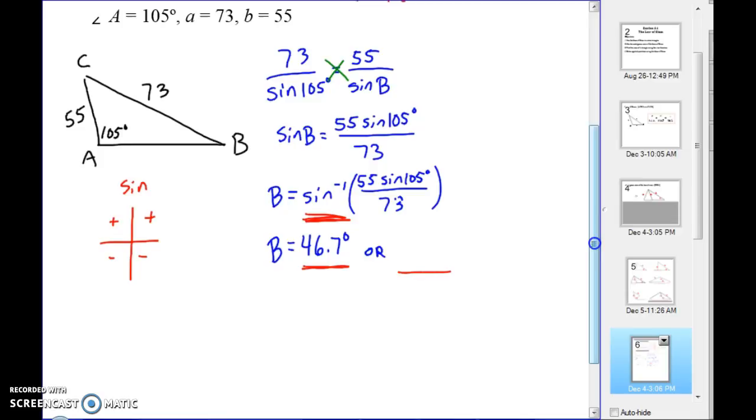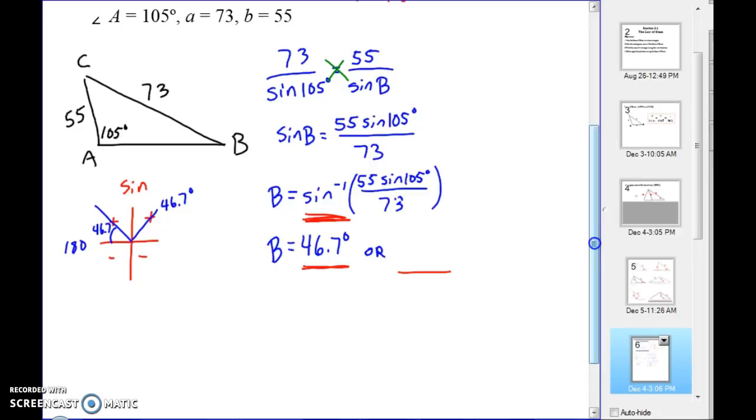This 46.7 degrees is just my first quadrant answer. And remember that your calculator only gives you one answer when you do inverse trig functions. So there is another answer to this inverse sine, and that would be the quadrant 2 angle that has a reference angle of 46.7 degrees.